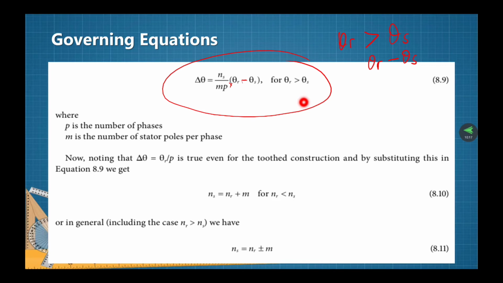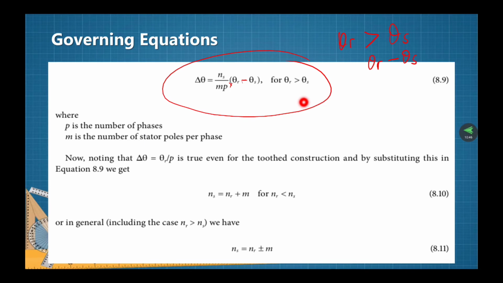Now, noting that delta theta equals theta r divided by P is true even for the tooth construction, and by substituting into the equation before, we can get Ns equals Nr plus m for Nr less than Ns.